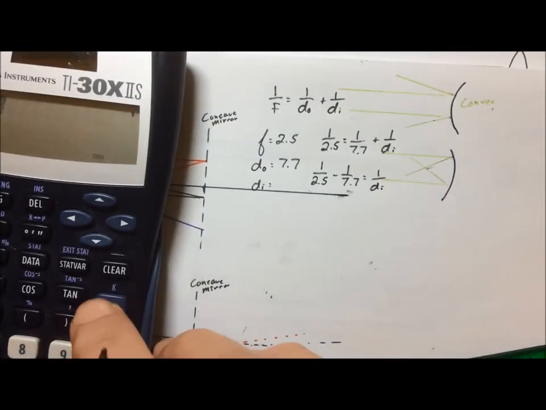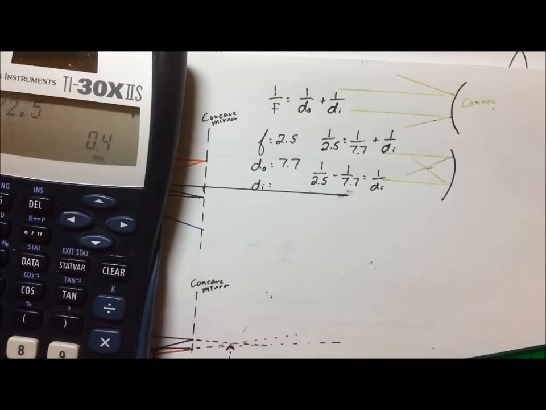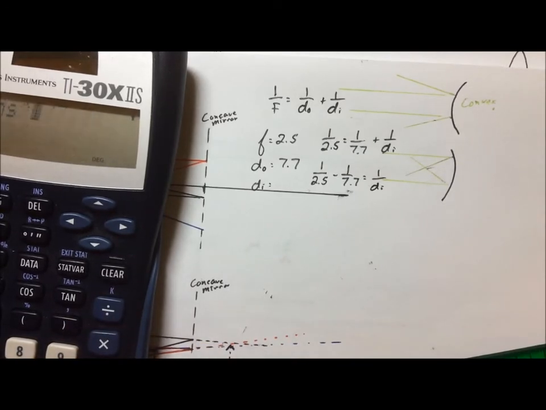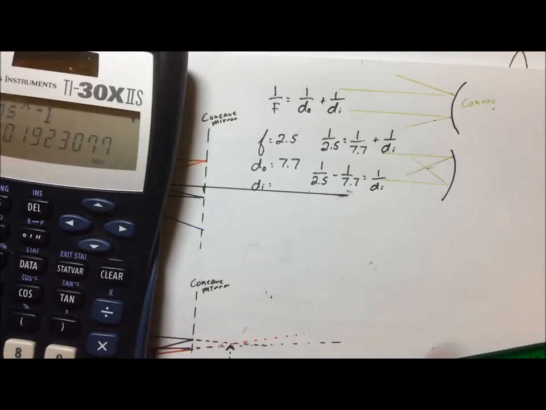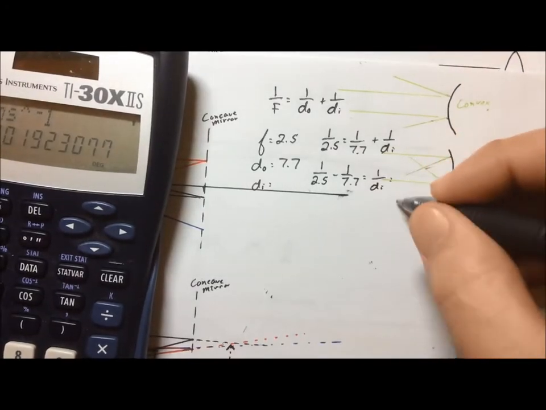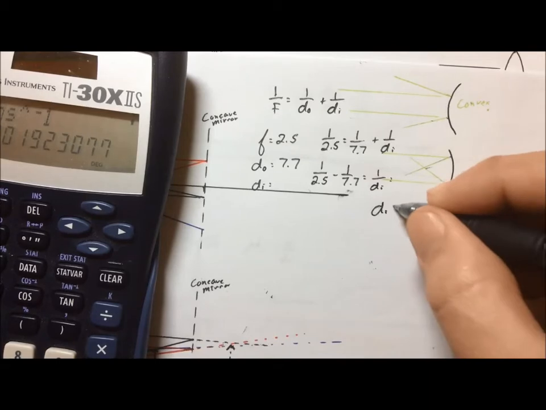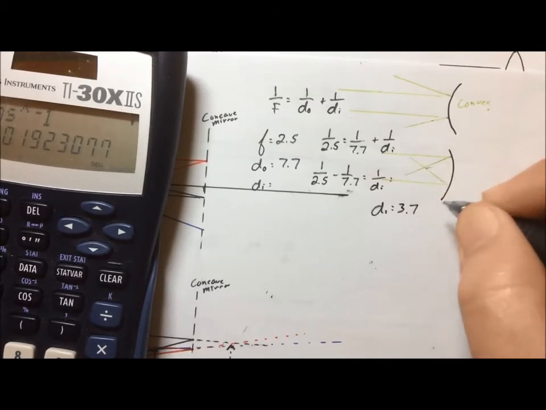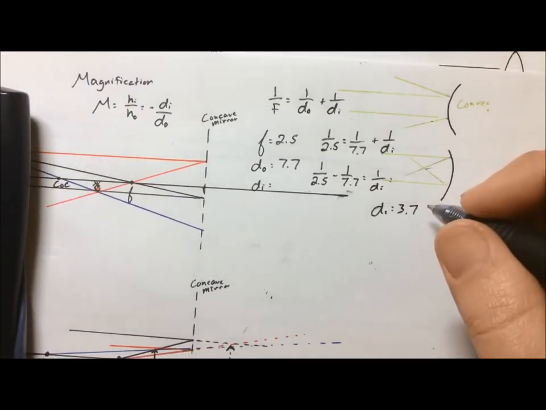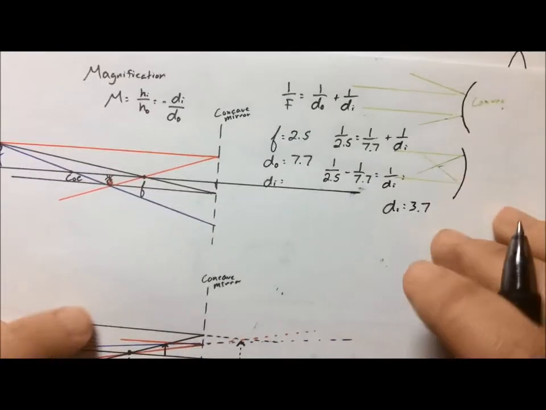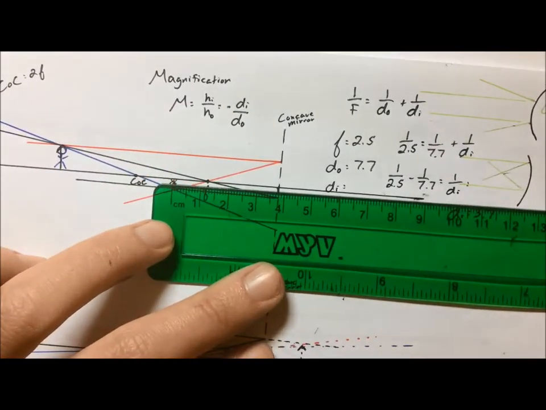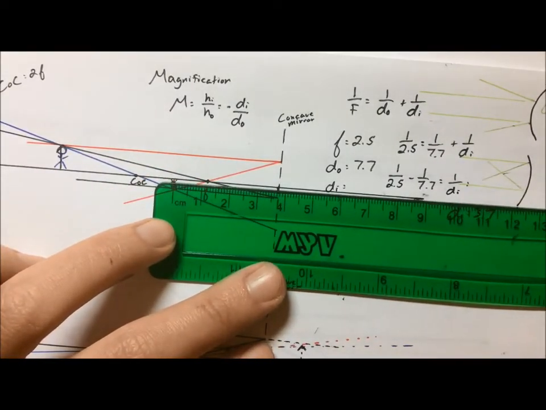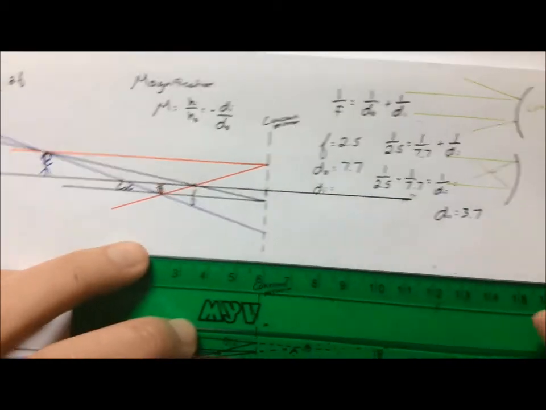So I've got 1 over 2.5, enter, minus 1 over 7.7, enter. And I'm going to raise that to the negative 1 power. So if I inverse it, I get about 3, or I'm going to say di is about 3.7. And I think we said around 3.7 earlier, right? So there we go. It's about 3.7. And that matches up. So the math works here.